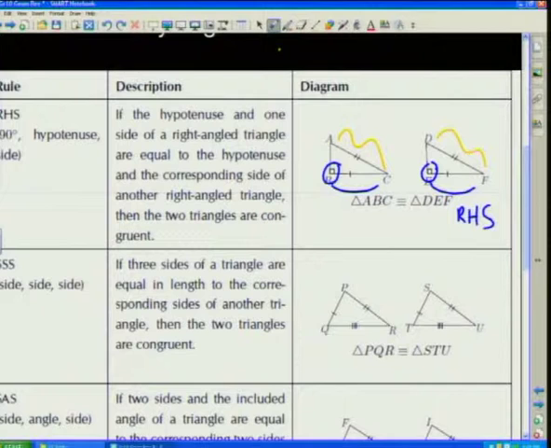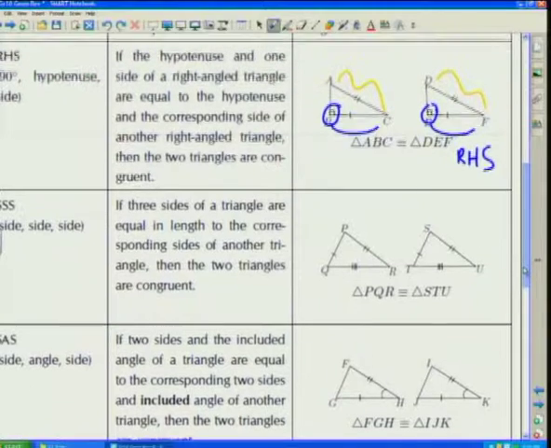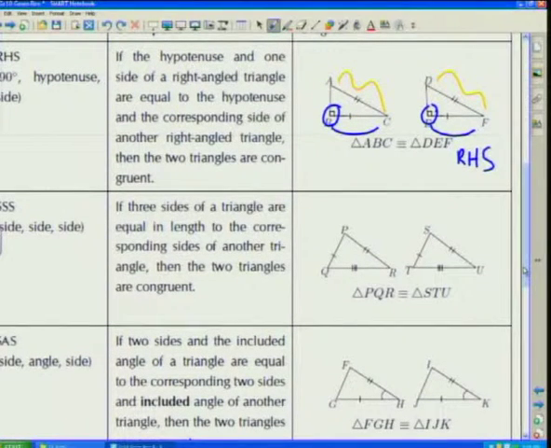Right angle, hypotenuse, side. All right. So what that means is you can basically slide these triangles on top of each other and they will be exactly the same. The order of your triangles, guys, in all of this, is very, very important. So if we look at the first one here, we're going triangle A, B, C. So we went from A to the 90-degree and then we went to the common side.